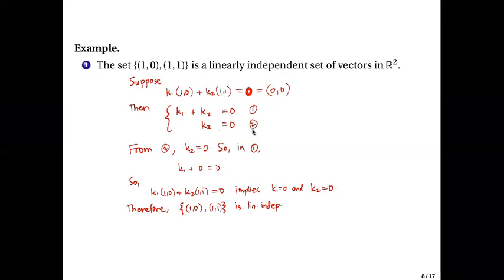The second equation is for the second component: k1 times 0 plus k2 times 1 equals 0. So it's component-wise. Thank you. You're welcome.